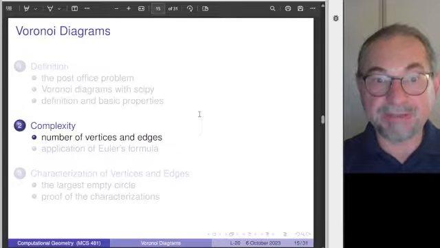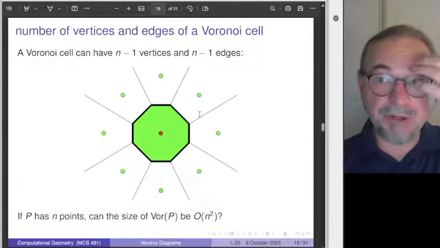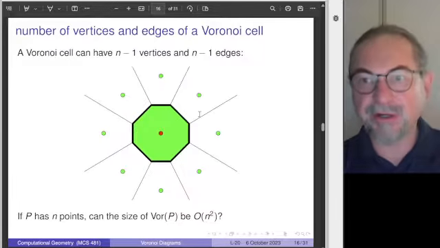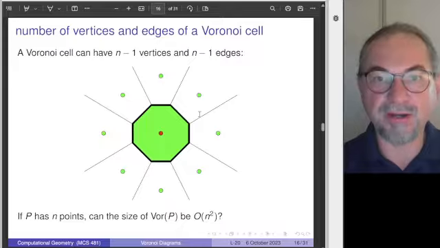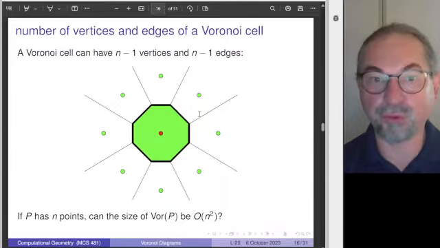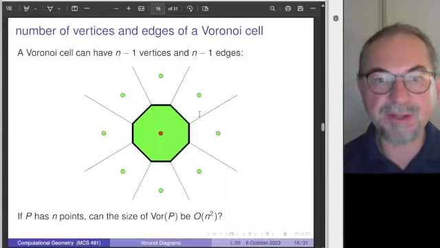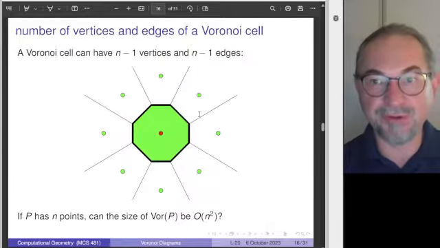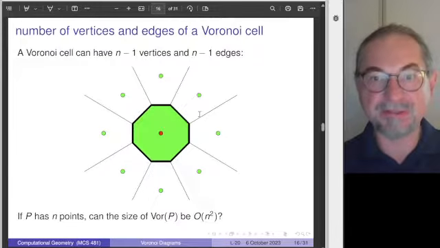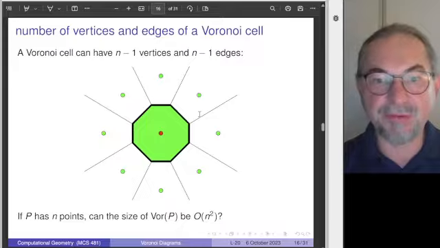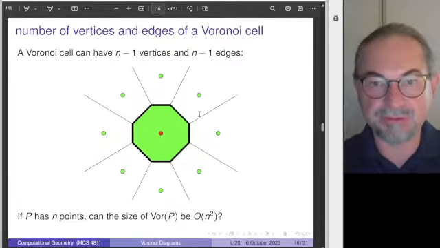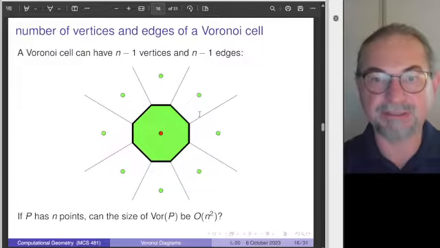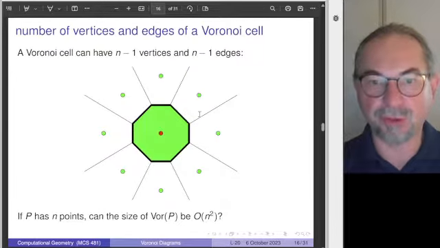Okay, so complexity. So how many edges or vertices can a Voronoi diagram have, or one Voronoi cell? So here is a Voronoi diagram, another example, extremely regular. So we have 8 points on a circle, and with the center we have the red dot.